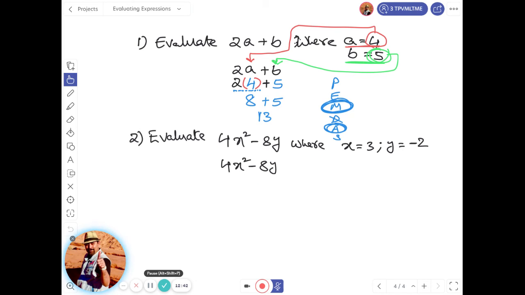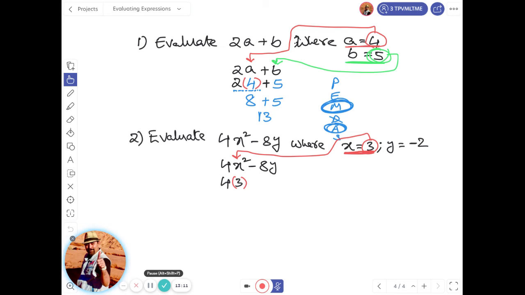This looks a little complicated, but if you follow strictly the rules, then it's not difficult. So here I see that x equals 3 and the value of x is to be copied here, and we have to substitute x value 3. Therefore, this is going to be 4 times x value is 3. Don't forget, no sign.